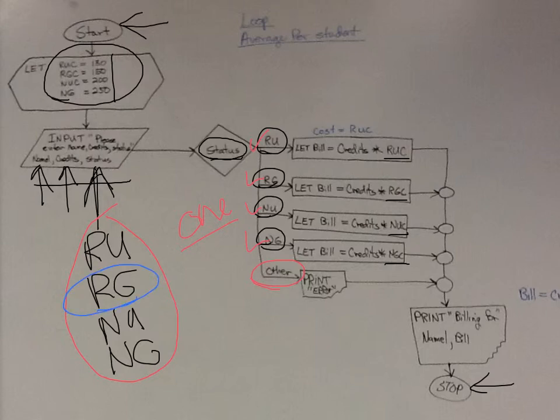Resident grad is taking 5 hours or whatever. We entered that information. It goes over here, it finds resident grad, and it calculates the bill. The bill is the credits times resident grad cost. Resident grad cost, we initialized up there at 150, multiply it out, we come down, print the bill, and then we're done.